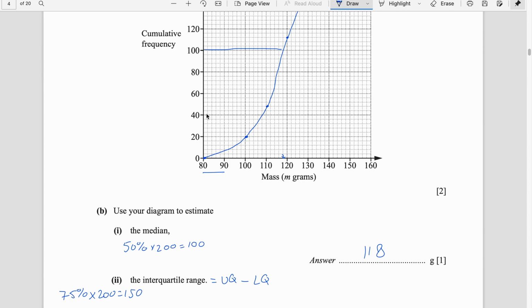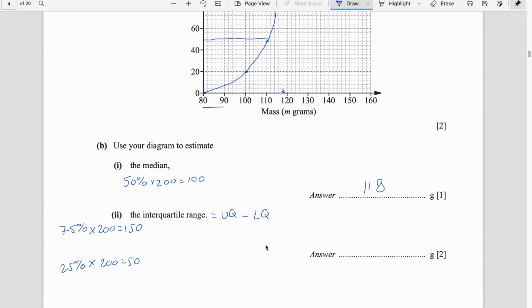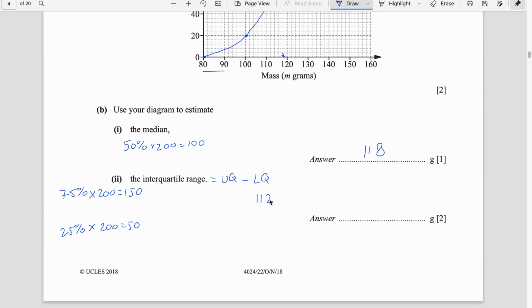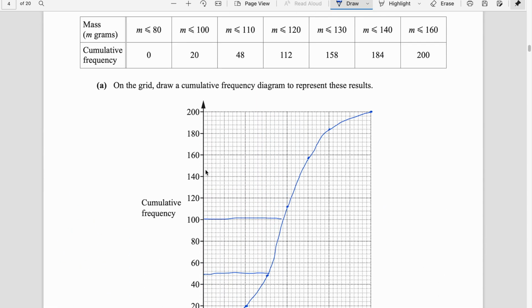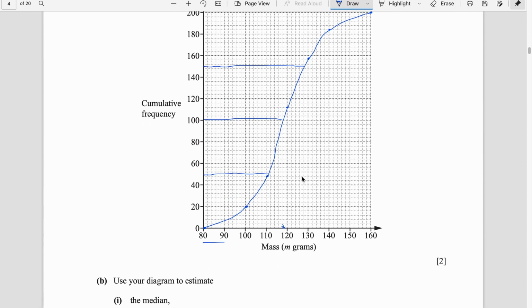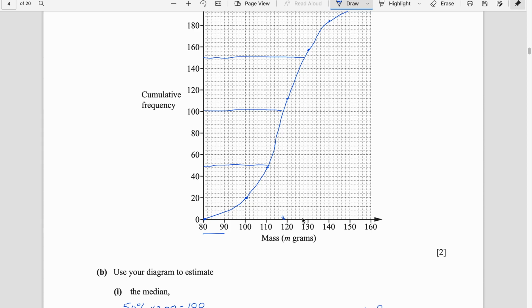So at 50, this mid value here, we have 112. So lower quartile is 112 and upper quartile at 150 is this. The fourth line is 128.